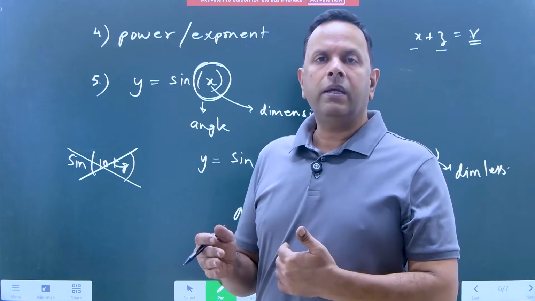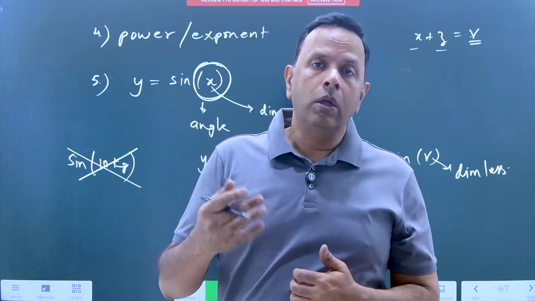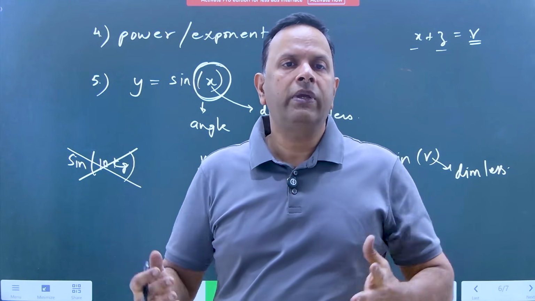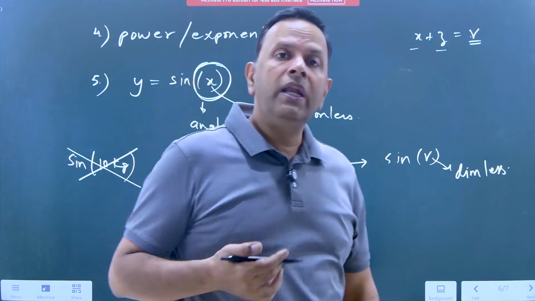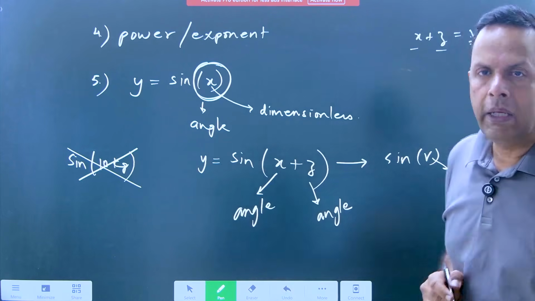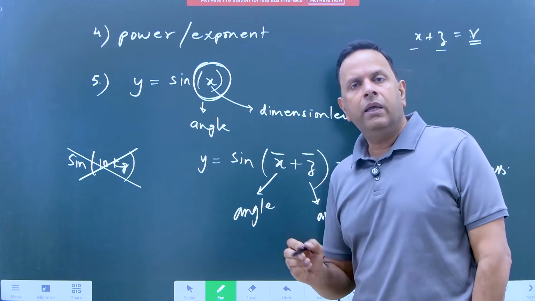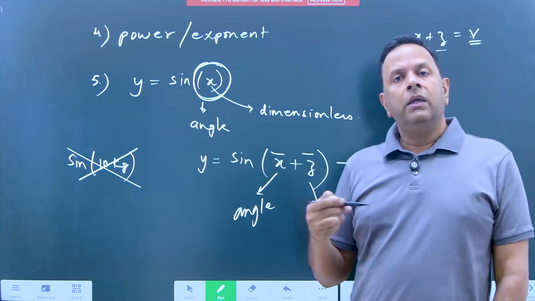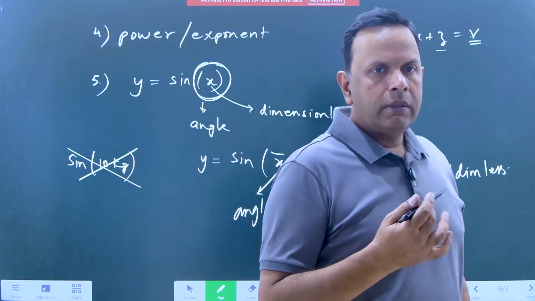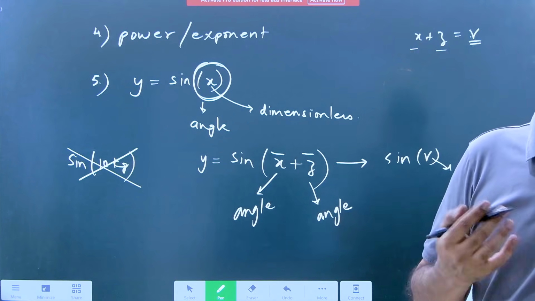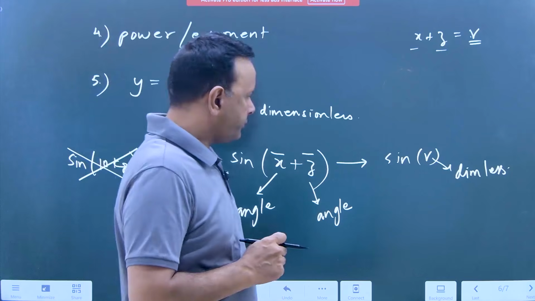X plus Z is an angle, we are sure, but why are X and Z also angles? Now I hope we can understand. Since addition is possible only between identical quantities, you could add X and Z only if they were identical, and that's why the dimension of X and Z is the same, it doesn't change. Fine.